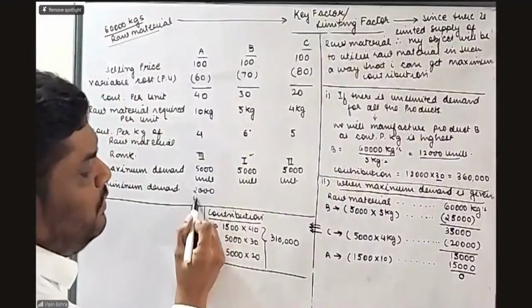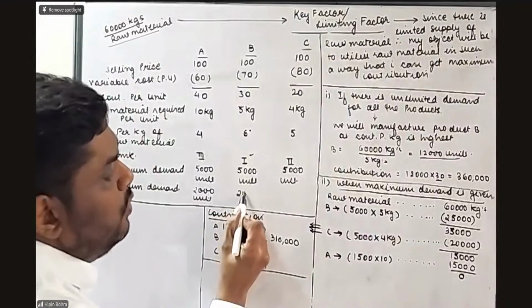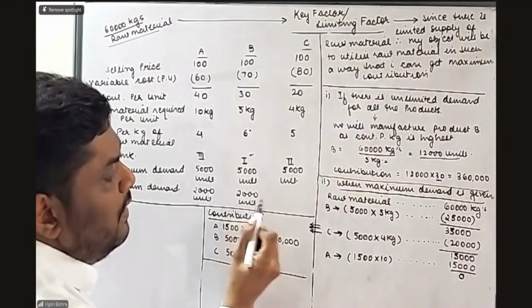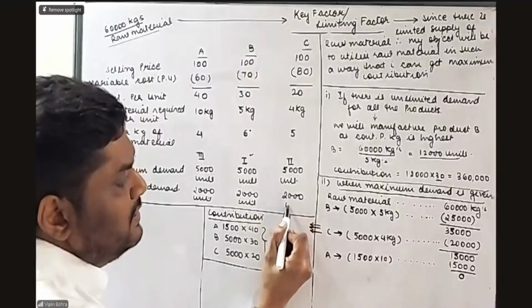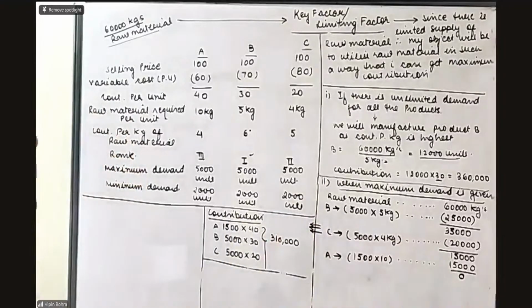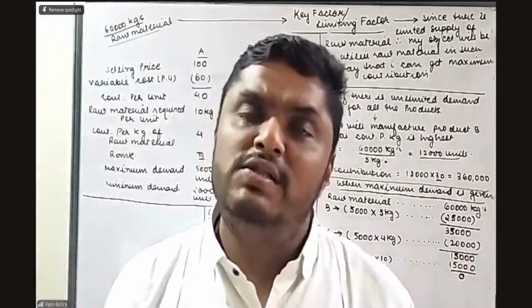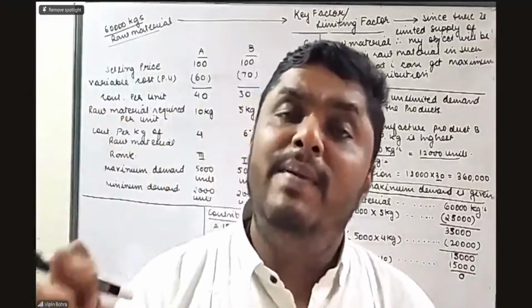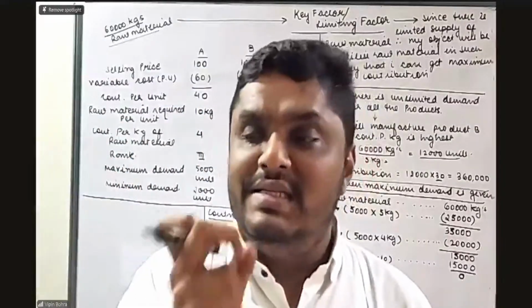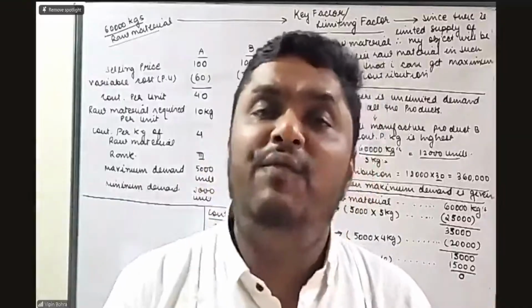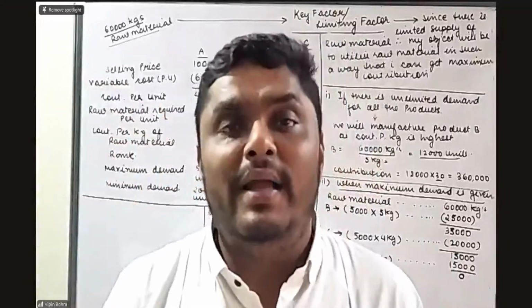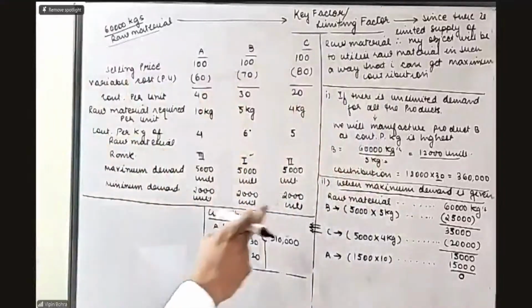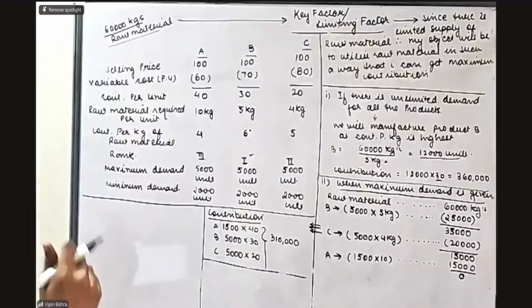Let's say 2000 units for A, 2000 for B, 2000 units for C. This is also given in the question. That is, maximum demand is also given and minimum demand is also given. That is, this many units we have to manufacture to sustain in the market, 2000 units of every product.